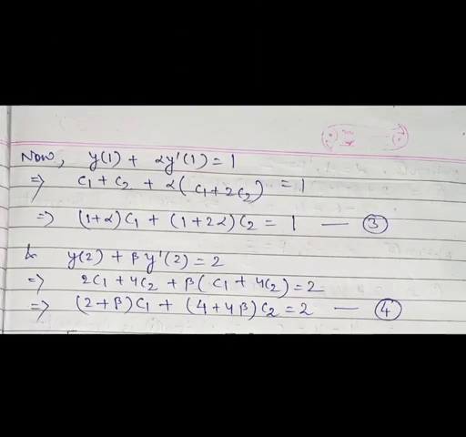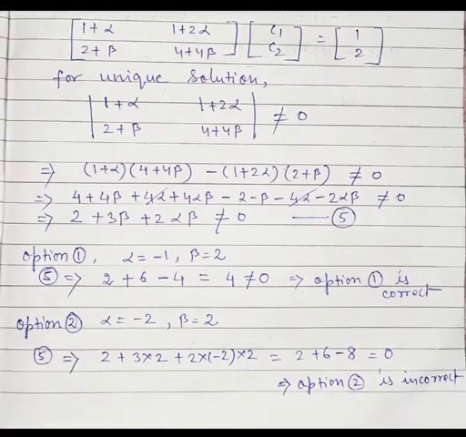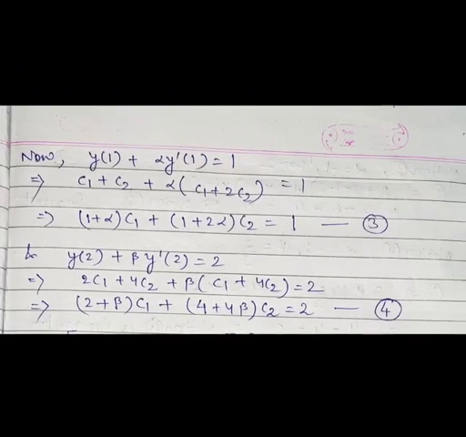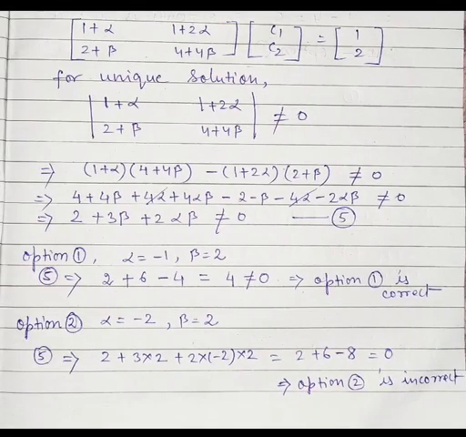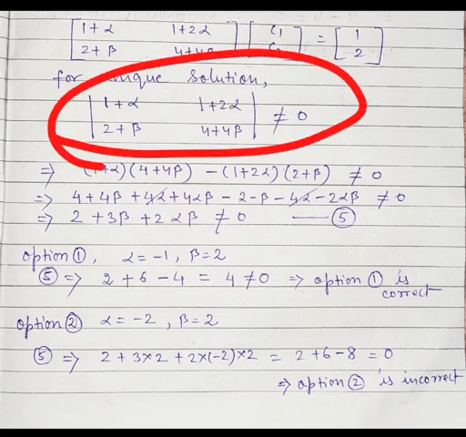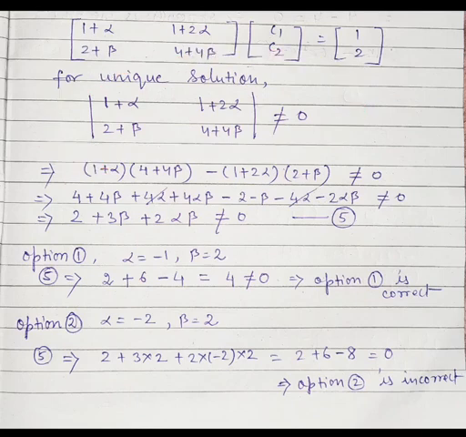Using equations 3 and 4 we can make a matrix with the coefficients 1 + alpha, 1 + 2 alpha, 2 + beta, 4 + 4 beta as the coefficient matrix into [C1 C2] equal to [1 2]. Now this will have a unique solution if the determinant of the coefficient matrix is not equal to 0. So we will find the determinant, and that should not be equal to 0.